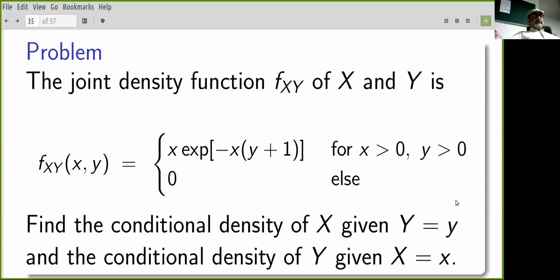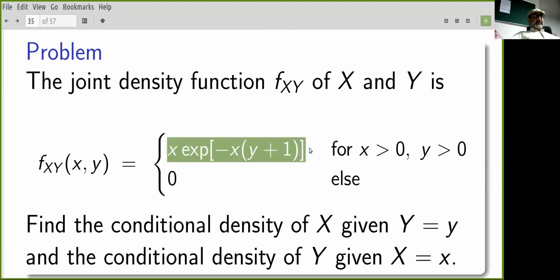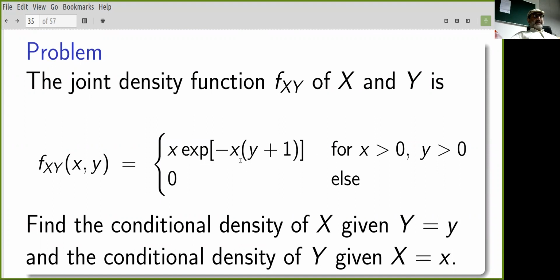So here's a problem. We have a joint probability density function for x and y, which has the form x exponential of minus x times (y plus 1) for x greater than 0 and y greater than 0, and it's 0 otherwise.